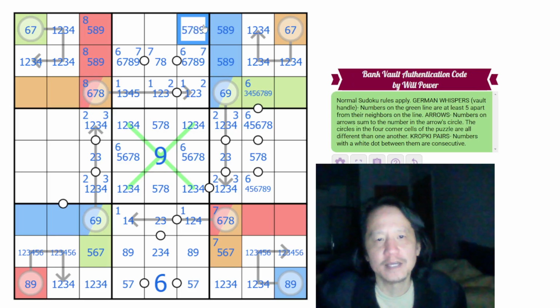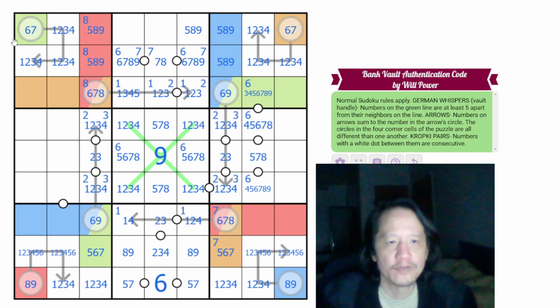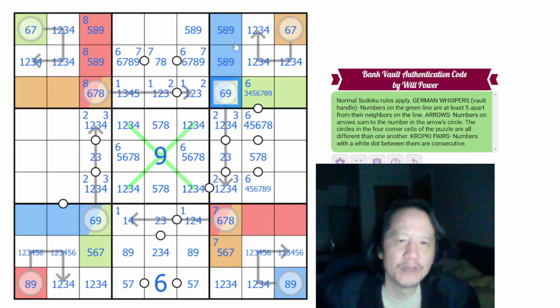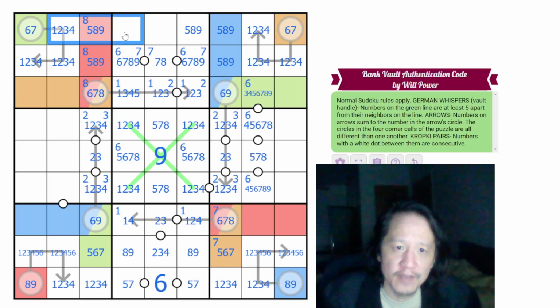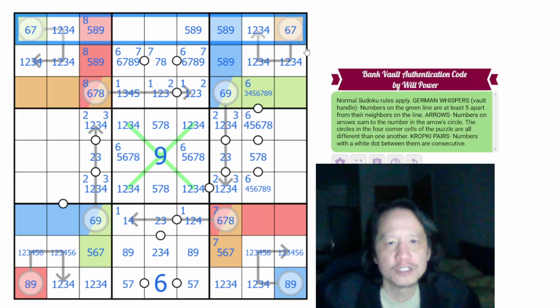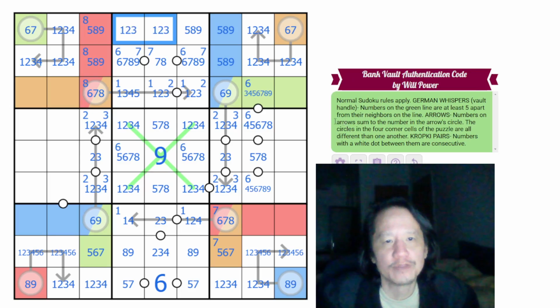But this can't be 6 or 7 because of the 6, 7 pair in row 1 already. Well, now we've formed a 5, 8, 9 triplet in row 1, which eliminates 5, 8, and 9 also from the rest of the row. Therefore, the remaining cells have to be 1 through 4.